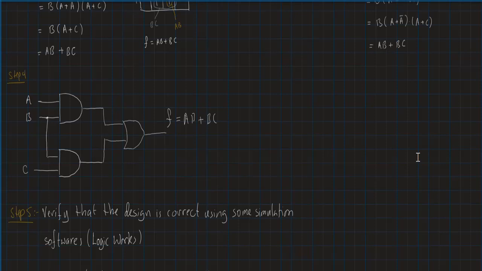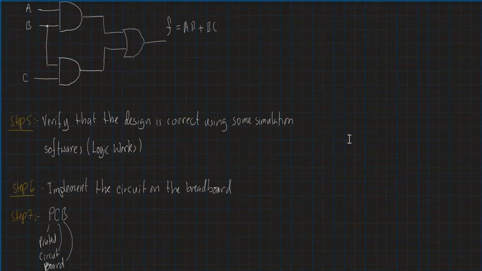But of course, this is very hard to maintain. If one of these gates is broken, then you have to change this, and it might not be as easy as changing a line in C code or something like that.